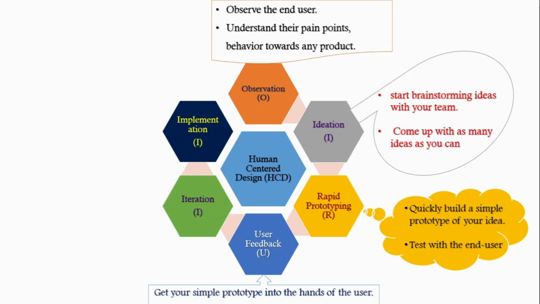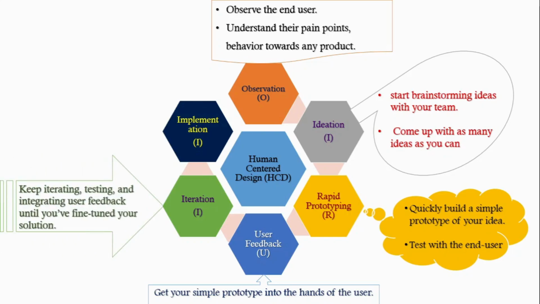Once the feedback is ready from the user, you can iterate your solution. Keep iterating, testing and integrating user feedback until you have fine-tuned your solution. So remember, you don't have to get demotivated here. You have to revise again and again until you can satisfy the user's requirement.